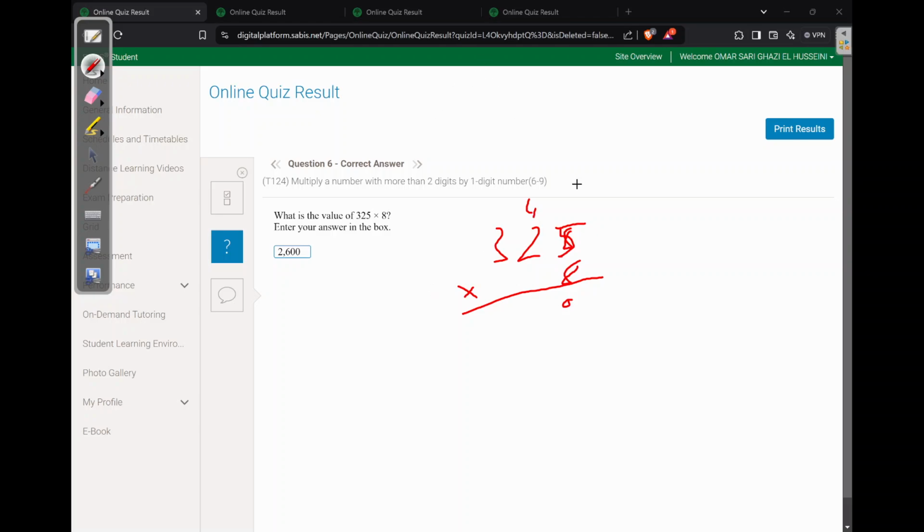And we add that 4 equals 20. Now the answer is 20.